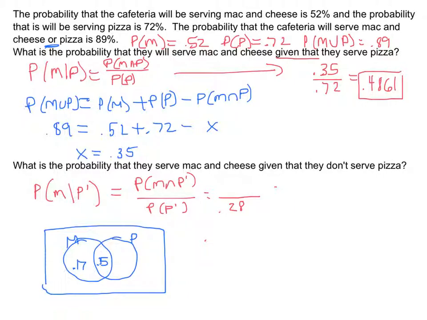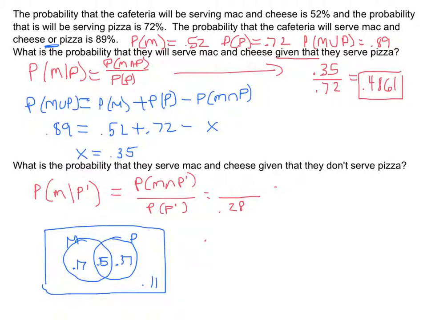And if P is 0.72, that gives me 0.37 left here, again because the entire circle has to add up to 0.72. Last, we fill out the outside piece of our Venn diagram. If the union, everything together, is 0.89, meaning we can add up this, this, and this and get 0.89, that leaves me with 0.11 out here.